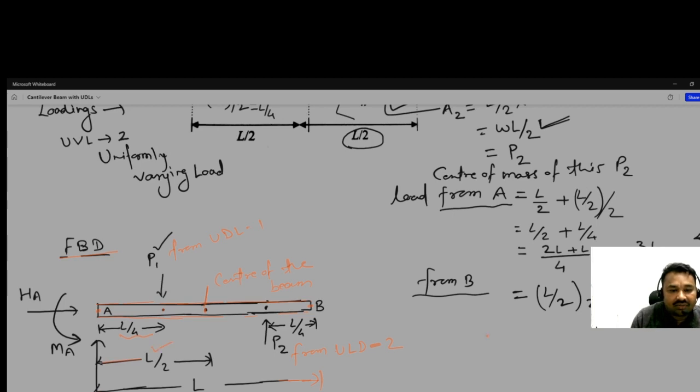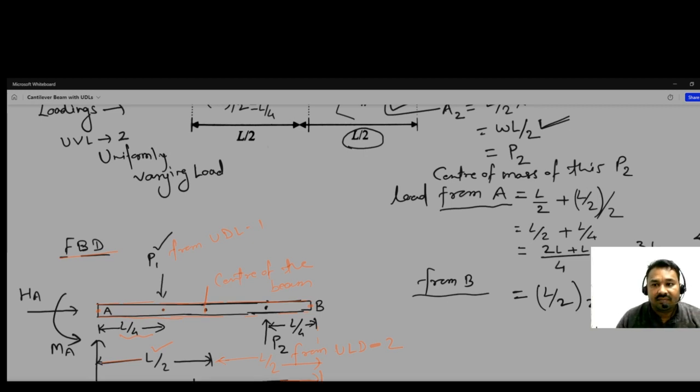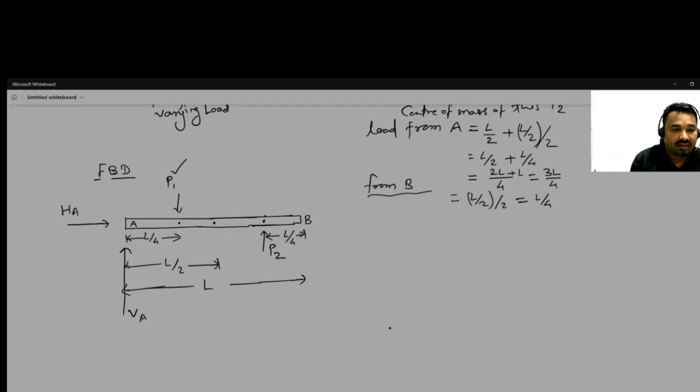So here also the L by 2 from B. And the moment, because the cantilever beam is there, moment MA.